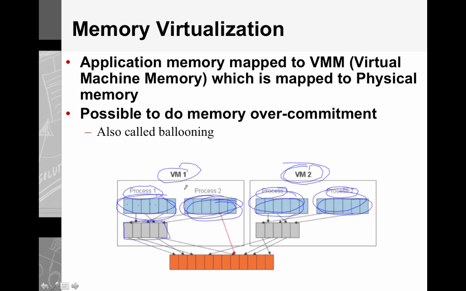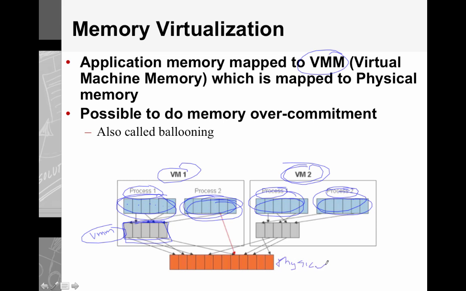Now I'm using this term called VMM. Pardon me, it's not virtual machine manager or virtual machine monitor as defined by the two guys from the 1960s. This is virtual machine memory. This is VMM, which is the virtual machine memory, the memory that is being allocated for the virtual machine by the hypervisor. And this is the physical memory.